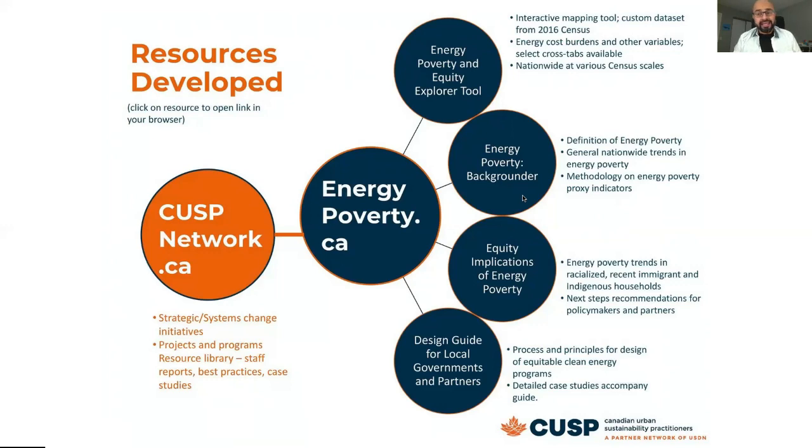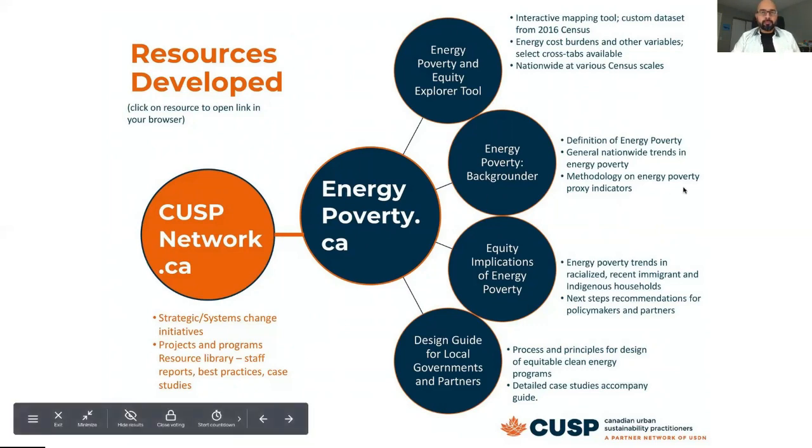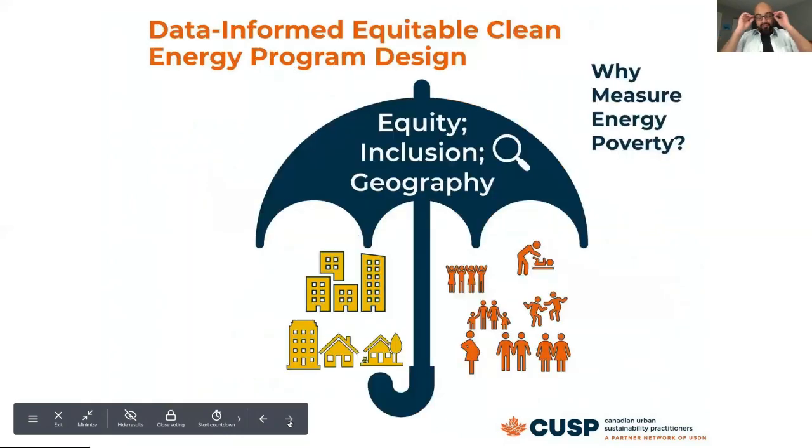If you're a local municipality or you work very closely with a local municipality, there's a design guide on how to build more equitable, local, clean energy programs. Now, one of the reasons why we developed this mapping tool is because we believe at CUSP that equity and inclusion is an overarching goal of climate work.